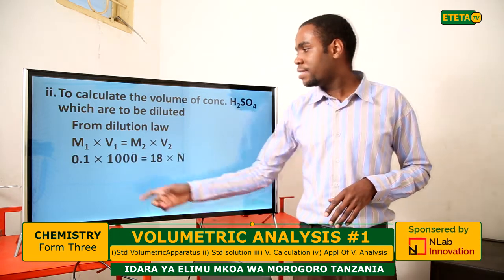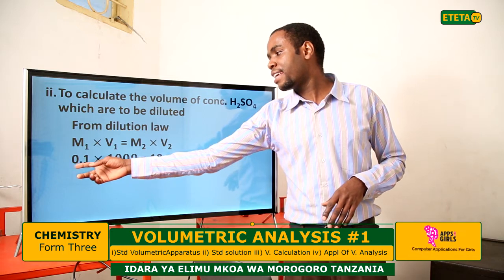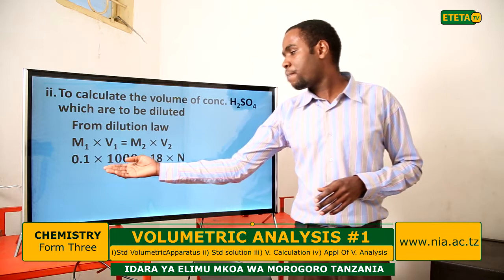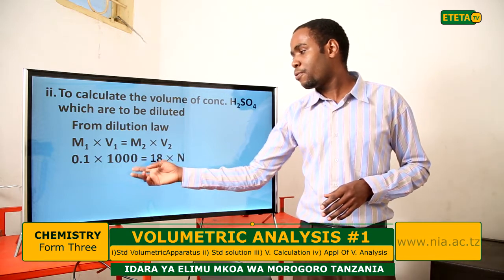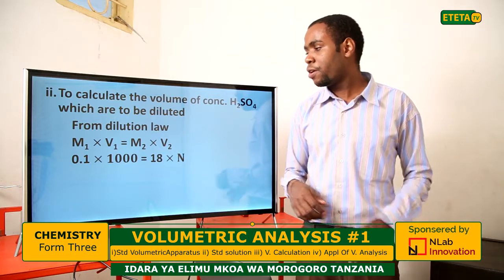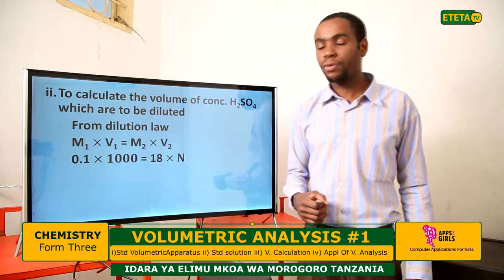Here it will be 0.1 as the molarity of diluted acid. You multiply by 1000. We need to prepare 1 decimeter cube of a solution, or 1000 centimeter cube of a solution.